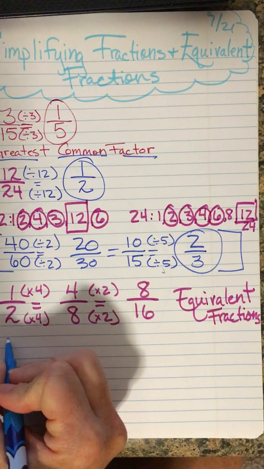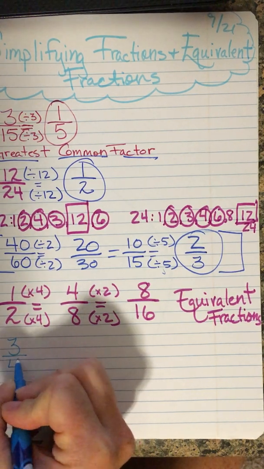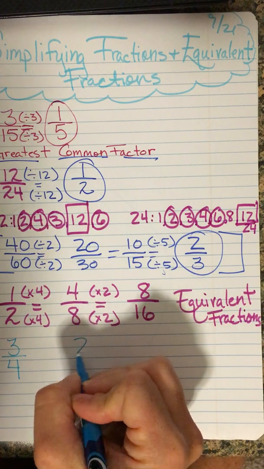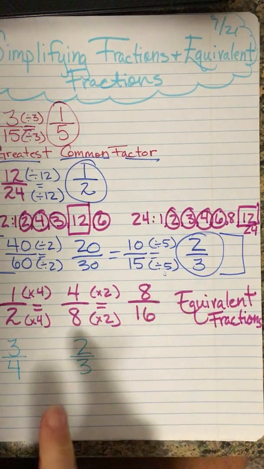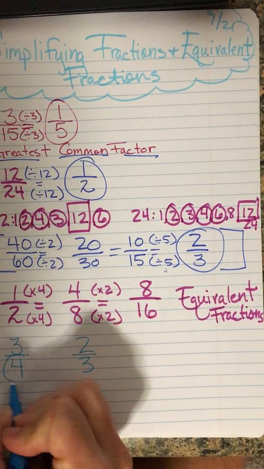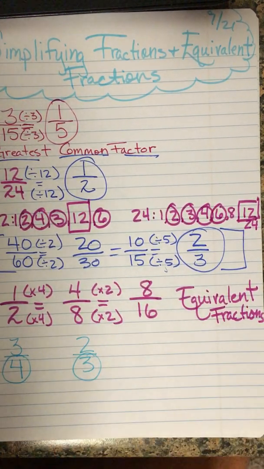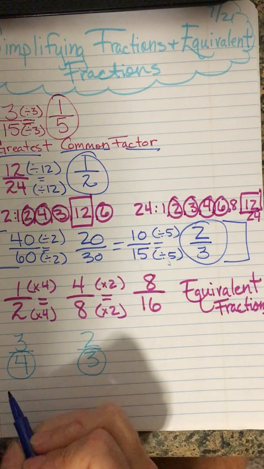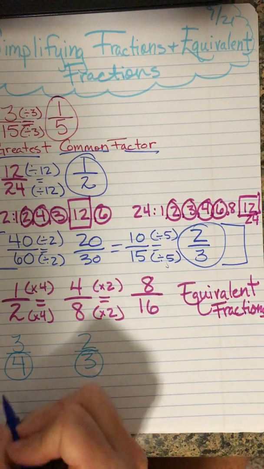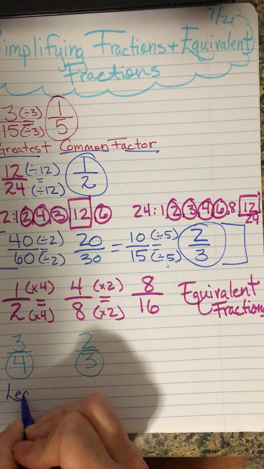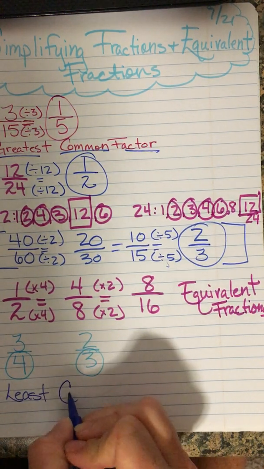So for example, if I want to add 3/4 and 2/3, I can't do anything with these two numbers and add them together unless the denominators are the same, which they are not. So when we're creating equivalent fractions for adding and subtracting, you want to find the least common denominator.